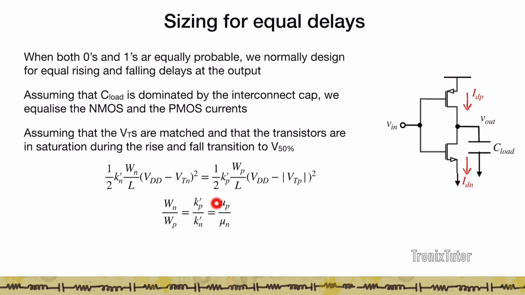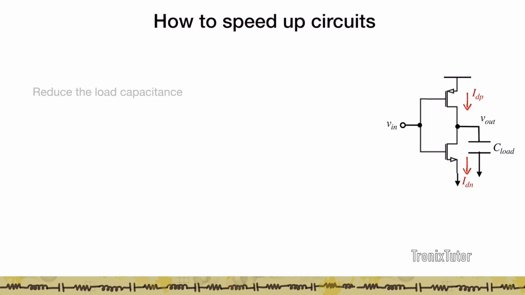So really this ratio depends on the technology that you're using, and generally when we design these, we design them such that the drive currents are equal. And so if you were to actually think about transistors where their velocity is saturated, then you'd have to use that model to come up with the relationship between Wn and Wp.